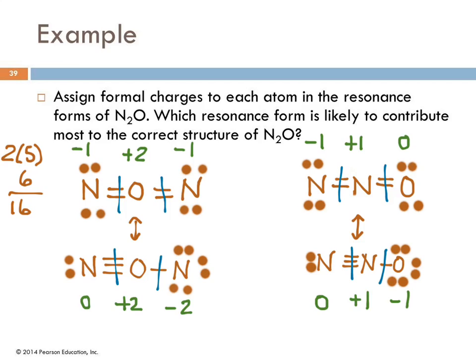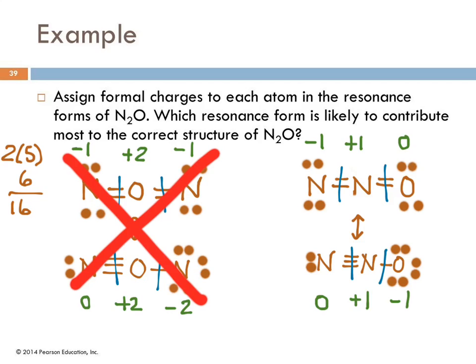Okay. So, looking at the formal charges, should we choose these guys over here or these guys over here? The ones on the right. So, we're just going to X these other guys out. That was a nice idea, but it didn't work out. So these are the resonance structures for N2O. And this is asking which resonance form is going to contribute more.